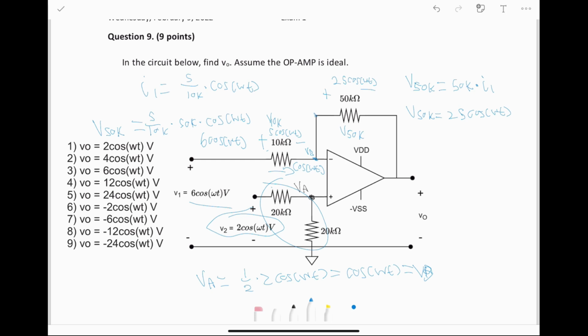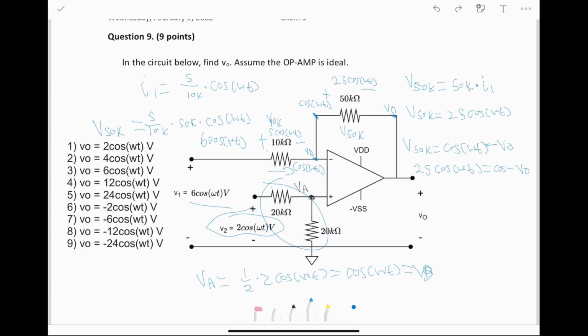We know that right here, we have a voltage of cosine omega t. And right here, we have a voltage of V out. So, therefore, V50K is equal to cosine omega t minus V out, or 25 cosine omega t is equal to cosine omega t minus V out.